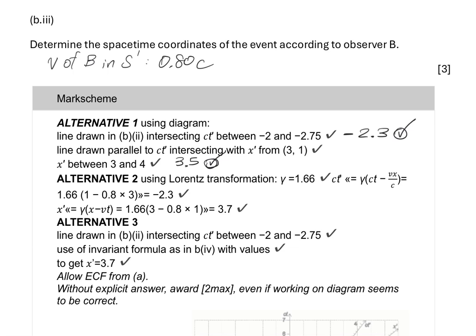And so again, we got negative 2.3 and 3.5, so that works.